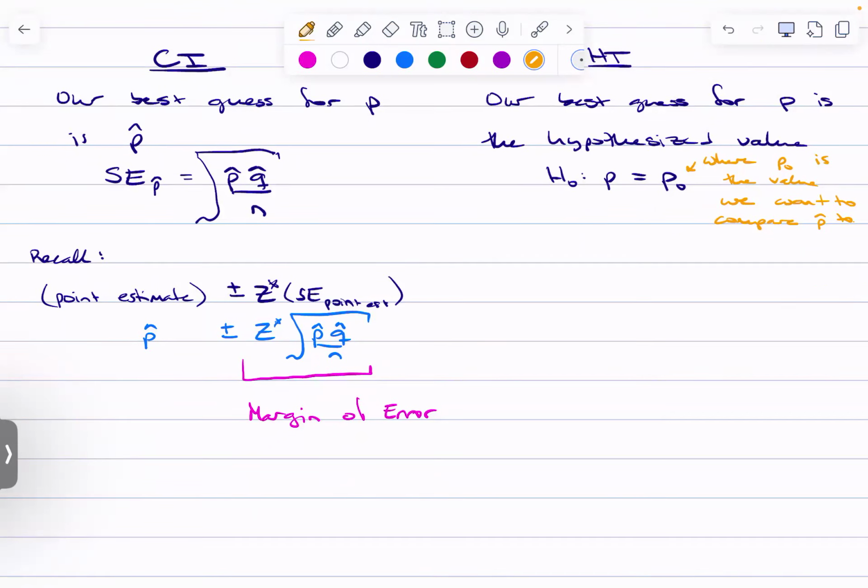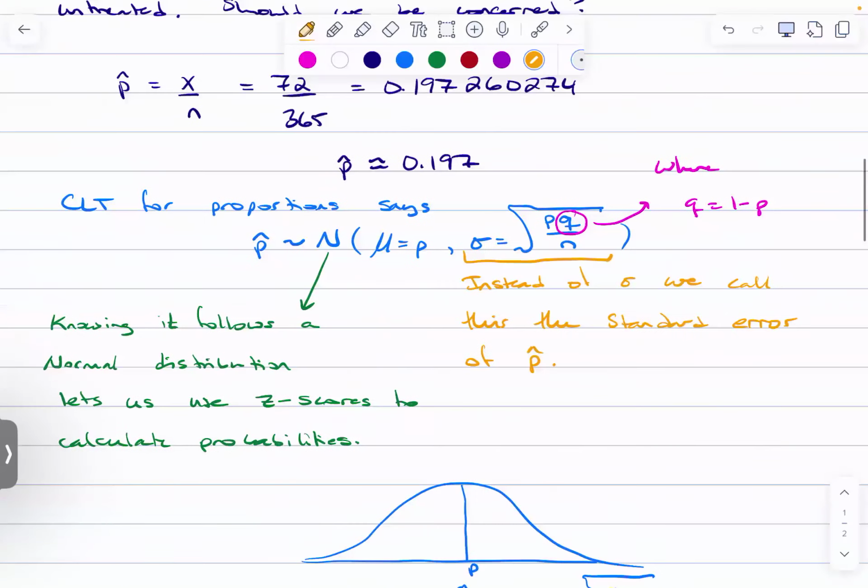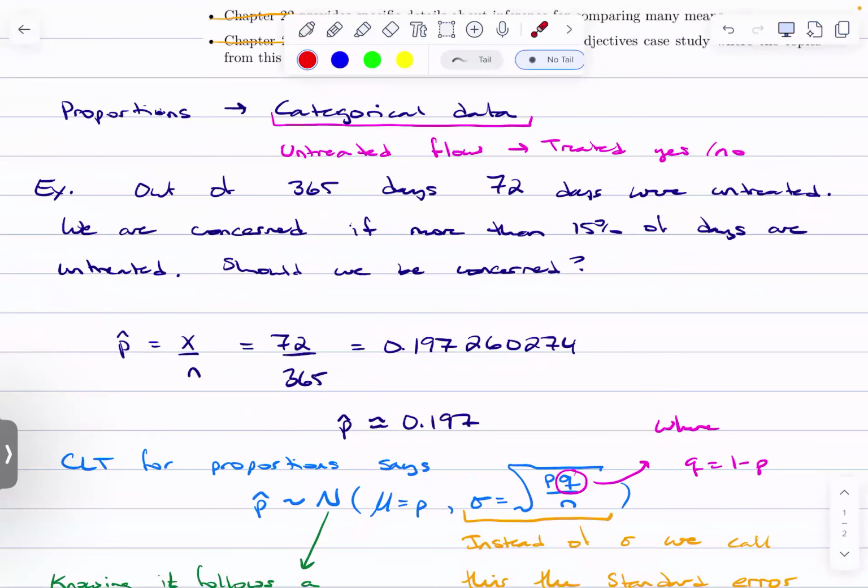So in our made up example, we had a sample proportion of 0.197, but really what we're trying to establish here, way back here, we're concerned if more than 15% of days.